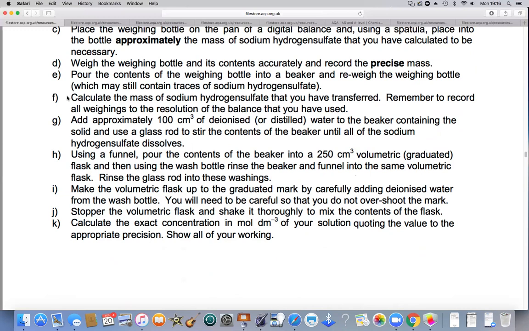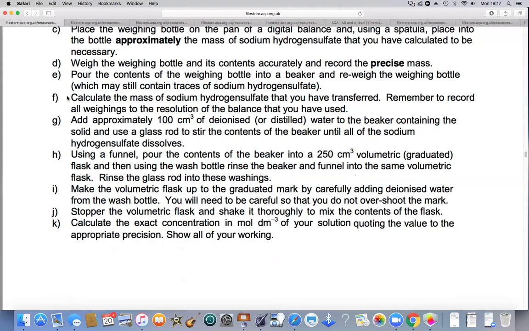So if you weighed, for example, 3.00 grams, and you transfer it across and there's 0.01 grams left, you know that 2.99 grams has actually gone into your beaker. You've failed to transfer 0.01, but that's absolutely fine, because 2.99 is within your acceptable range. The important thing is that you know exactly how much has gone into the beaker.